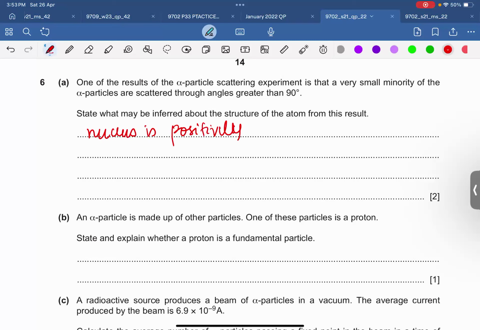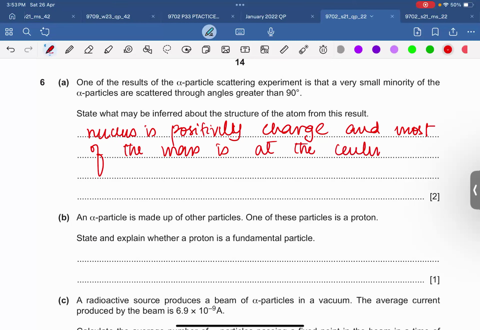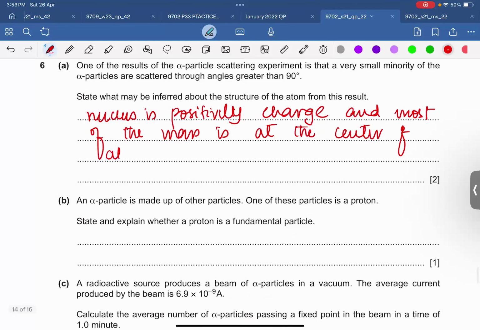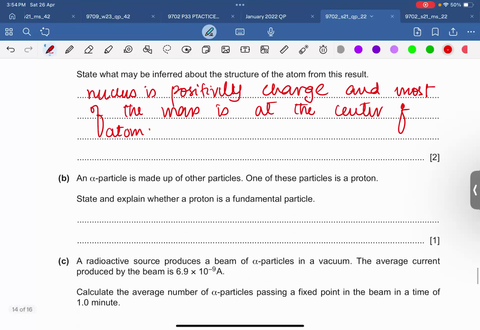Nucleus is positively charged, and most of the mass is at the center of the atom. ये center, in the nucleus कह सकते हो, या in the nucleus आप कह सकते हो, सही हो गया. And majority, most of the mass is at the center of the atom.